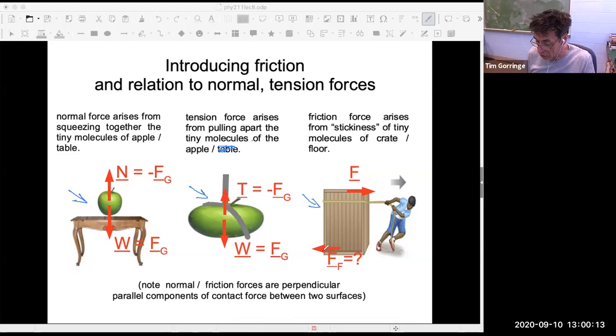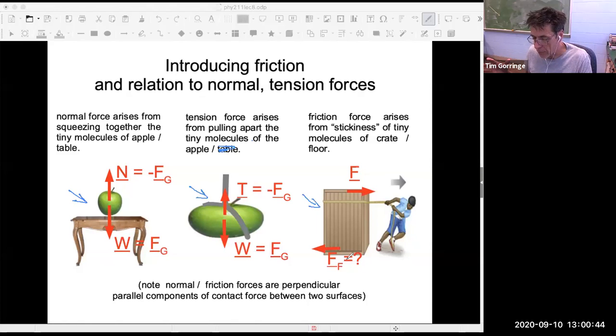And that frictional force here that I've labeled F subscript F for friction is not due so much to the atoms of the crate and the floor being pushed together or pulled apart. It's just to do with their stickiness. The atoms and molecules like to stick together, and you've got to pull them apart to slide the crate towards the right across the floor. And that's the origin of friction.